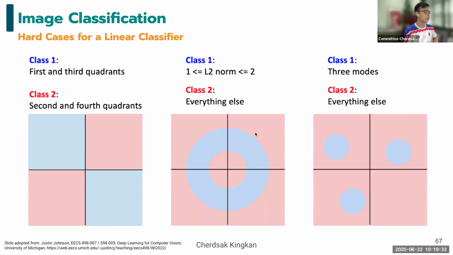Also, with this area that has a blue circle inside a red rectangle, a linear classifier also cannot classify it. And the third one, where we have a circle in each quarter. So yeah.